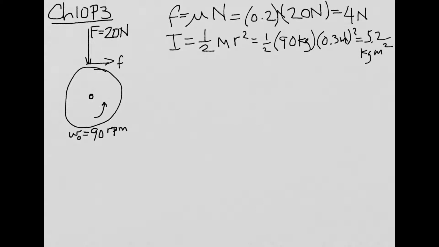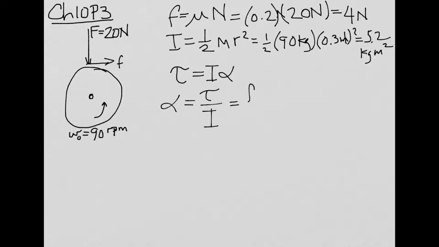Okay, now, in order to find out what's going on, we use Newton's second law applied to angular motion, in which torque equals I alpha. Our first problem is trying to find alpha, so that's equal to the torque over the moment of inertia.